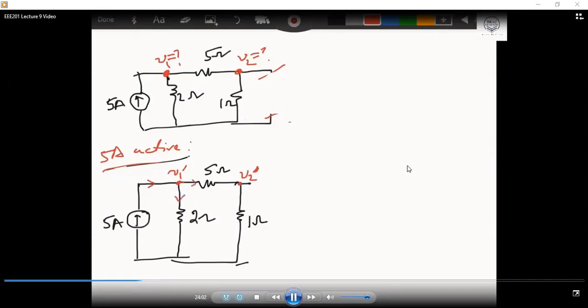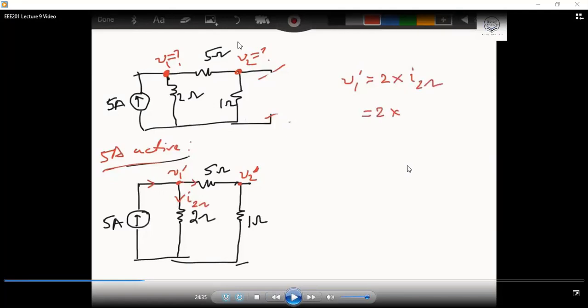The current division is going to happen here. So V1 prime will be equal to 2 into the current flowing through the 2 ohm. Ohm's law, you know that. So 2 times, what is I2 ohm?